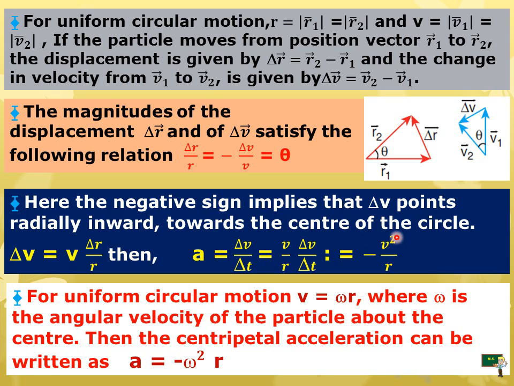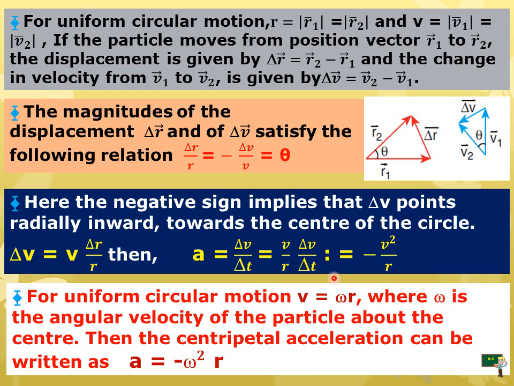So del v is equal to v into del r by r. Then acceleration is equal to del v by del t. As you know, acceleration is change in velocity divided by time, and v by r into del r by del t is equal to v square by r.